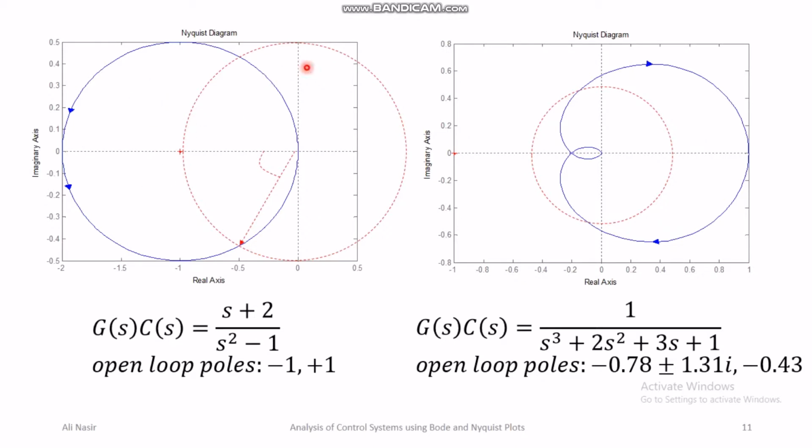Although this circle is not very appropriate, it still gives you the right concept: there will be a unit circle, and then you look at the intersection, and the angle between this vector and the negative real axis will be the phase margin.